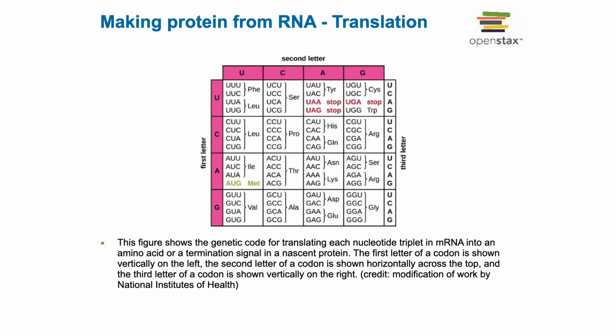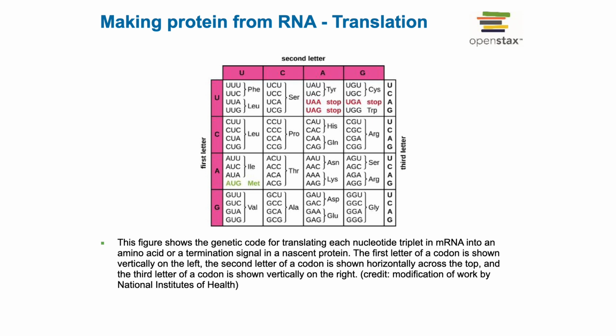Uracil has replaced thymine here, so if you have UUU, that is converted to an amino acid called phenylalanine, so they just abbreviate it there. And then also UUC codes for phenylalanine. If you get UUA, that codes for leucine. And so those are there, and it shows all the possible 64 codons there.